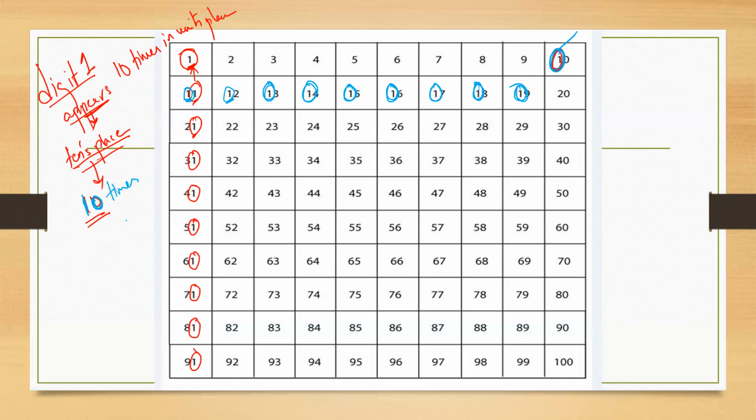Now, if the same question is asked, how many times does the digit 1 appear from 1 to 100, what would be your answer? It's not given whether it is the units place or the tens place. The statement is simply: how many times does the digit 1 appear between 1 and 100.